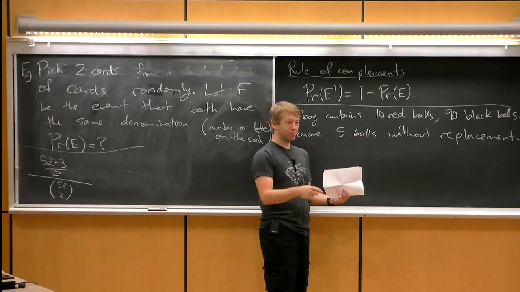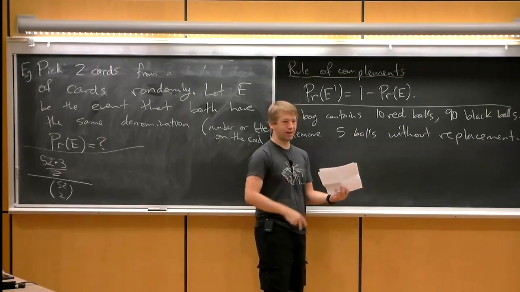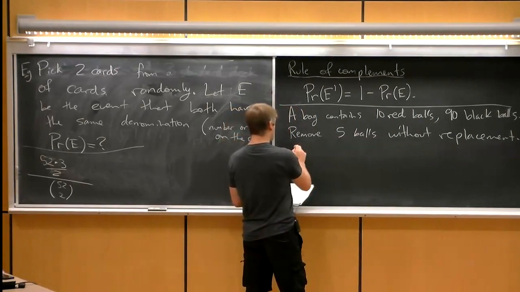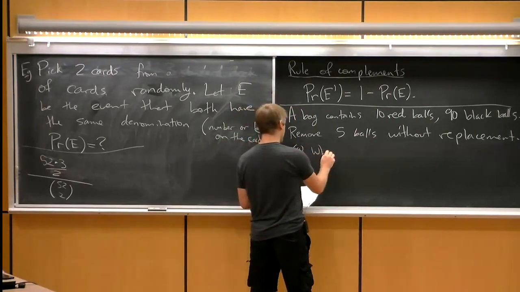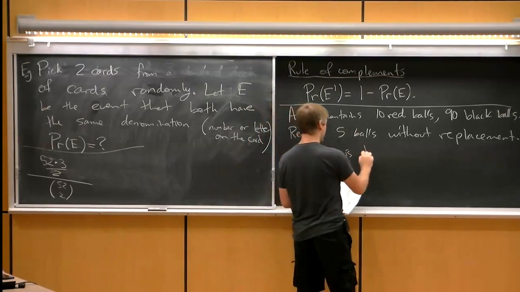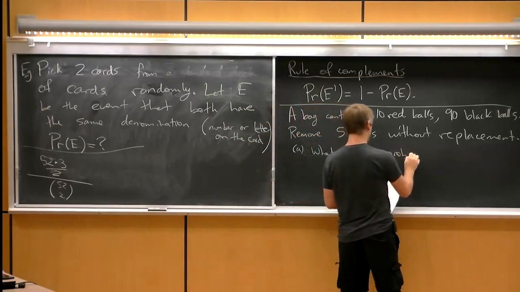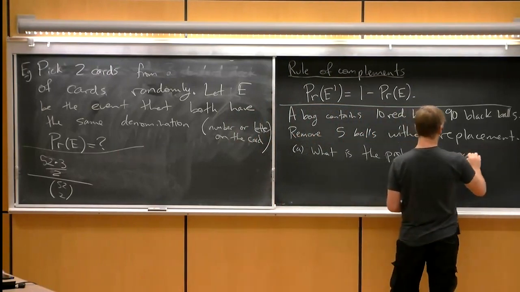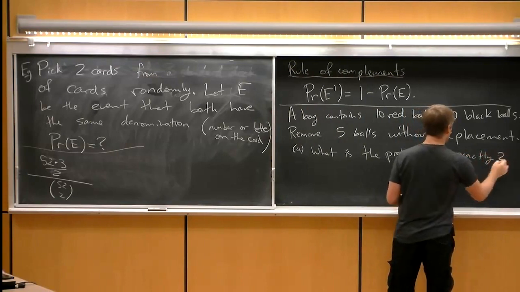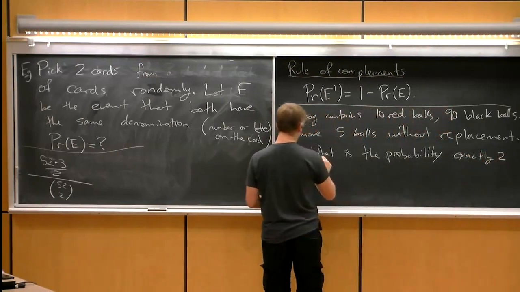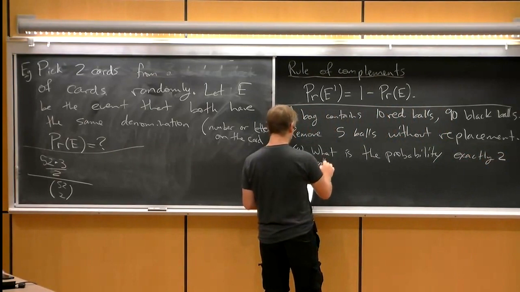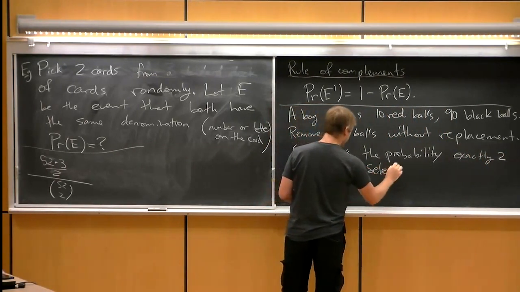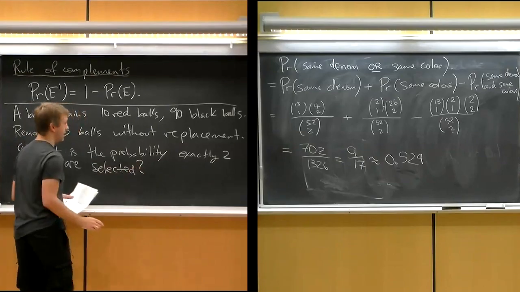You don't take one out, put it back, take one out, put it back. You just take 5 out. So first, what is the probability that exactly 2 red balls are selected?